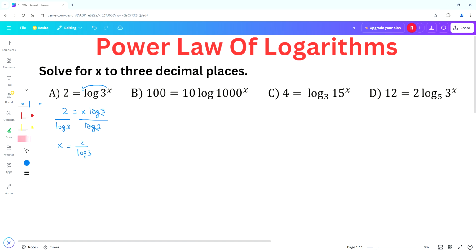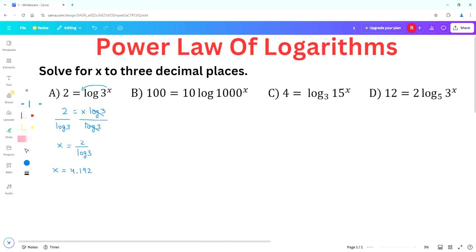Two divided by log 3 is equal to 4.192 rounded to 3 decimal places. This should be the final answer for part A.